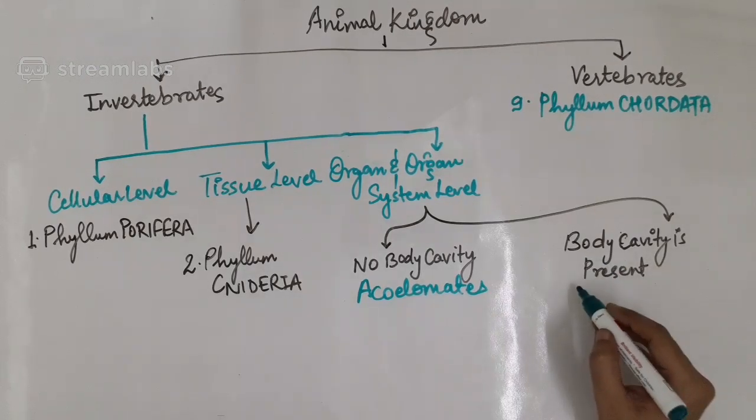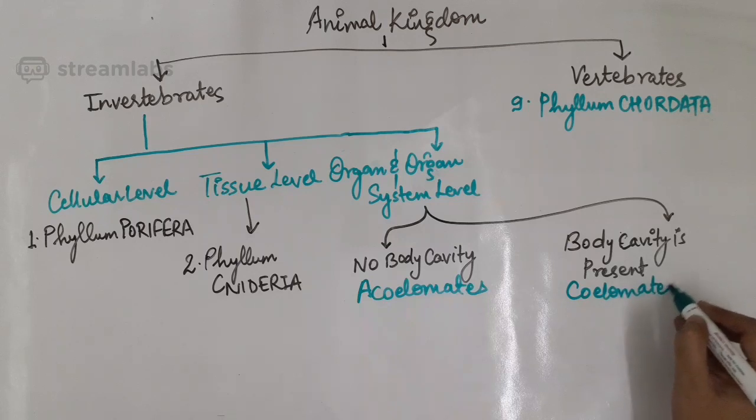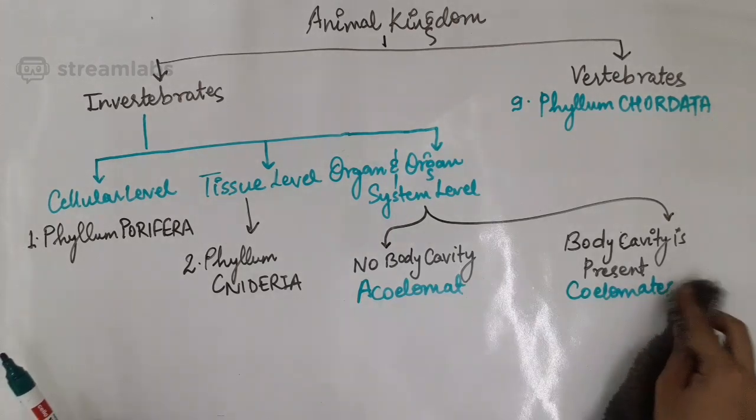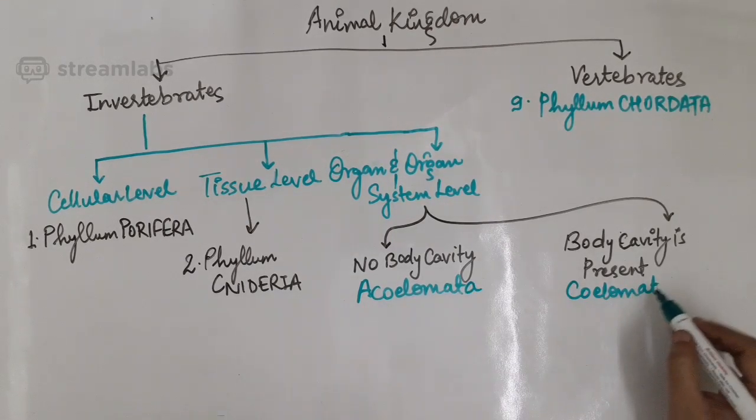Body cavity जिसमें present हैं, these are called coelomates. And the phylum names are Acoelomata and Coelomata.